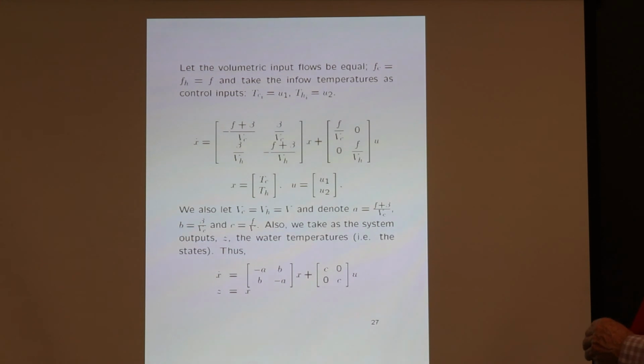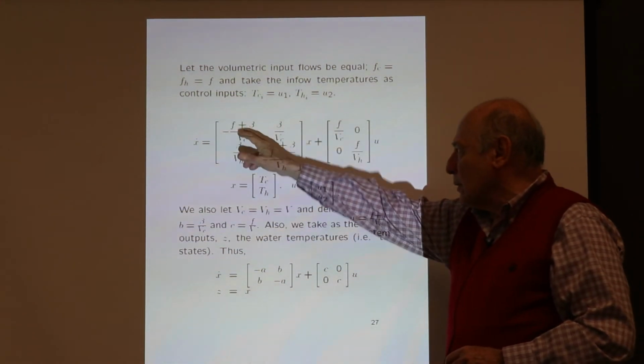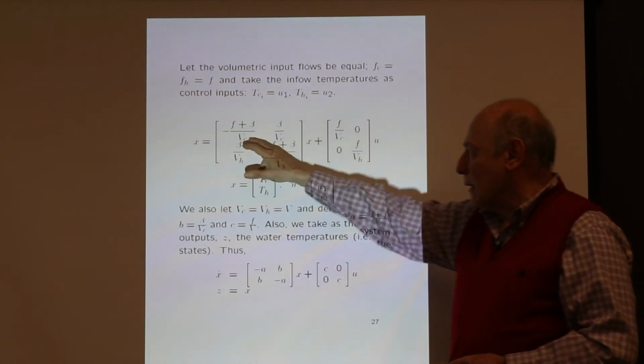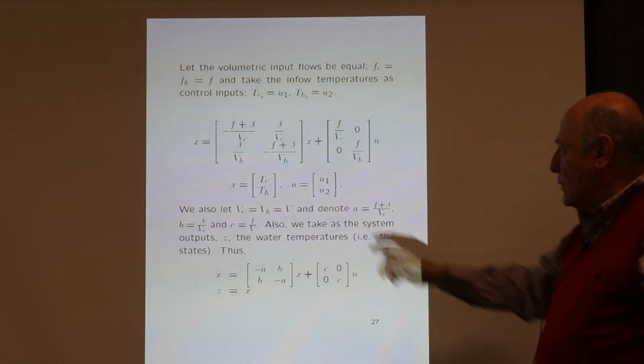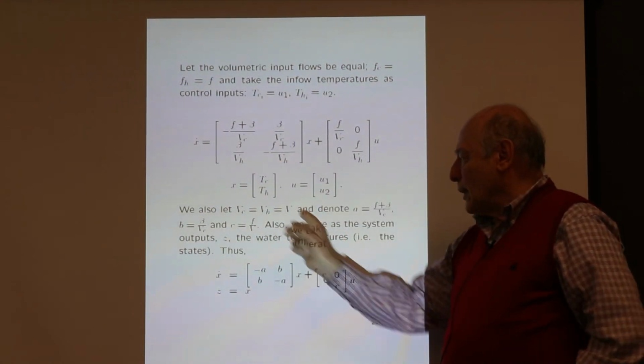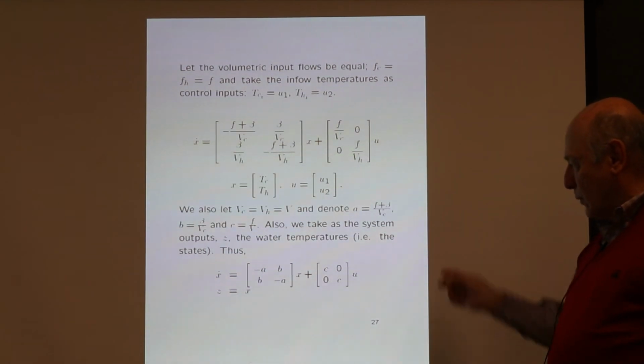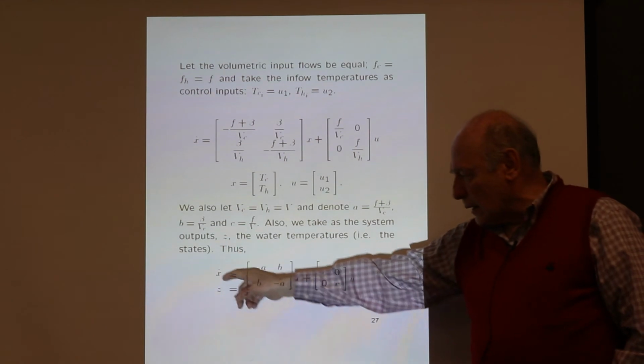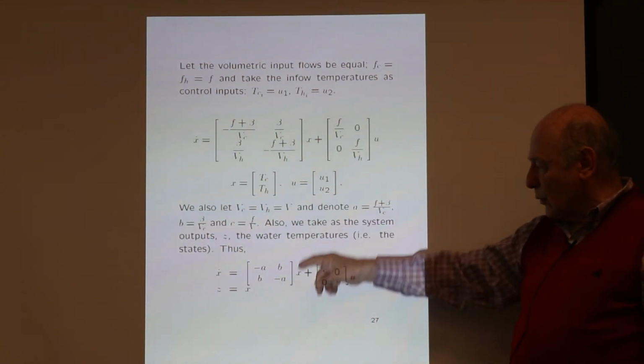The system has basically similar dynamics, only divided by different values of the volume, and the volume can be made equal, and therefore we can simplify the system to a very standard type of state representation of those interchangers.